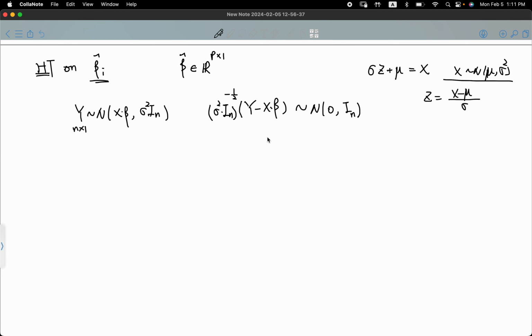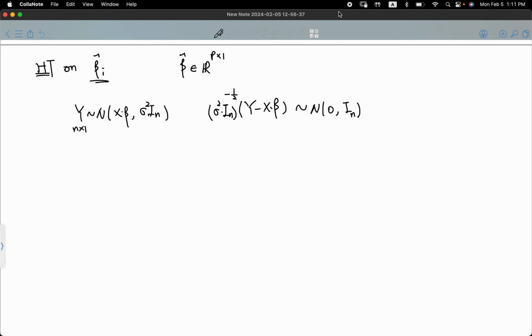This is essentially what we're doing here: y minus the mean vector over sigma, except here we're talking about a matrix, so you need the 1/2 power for a matrix here. So after the transformation, we have that.